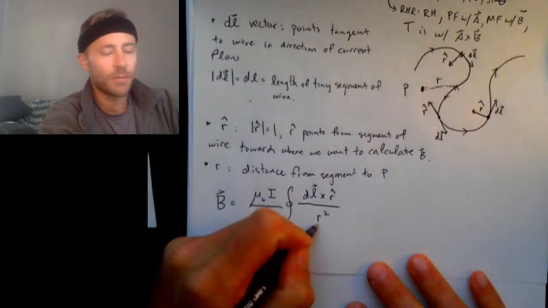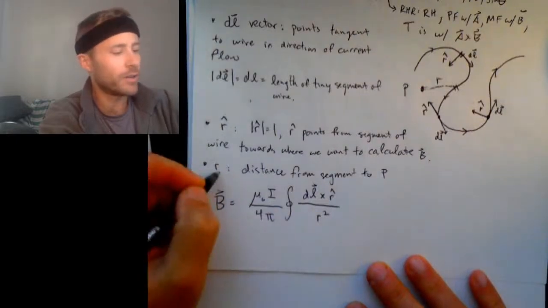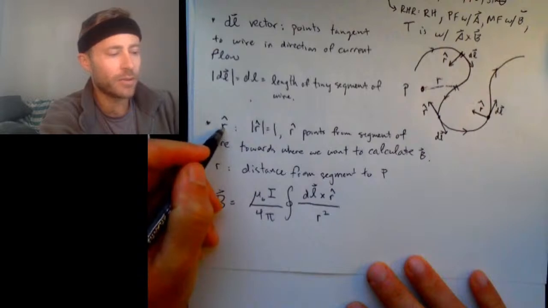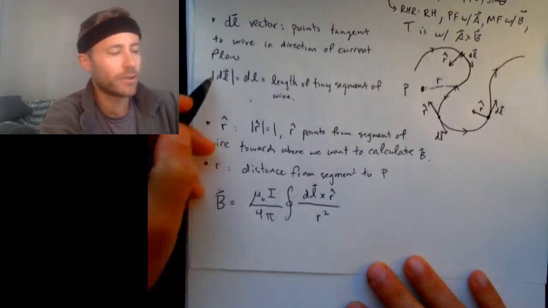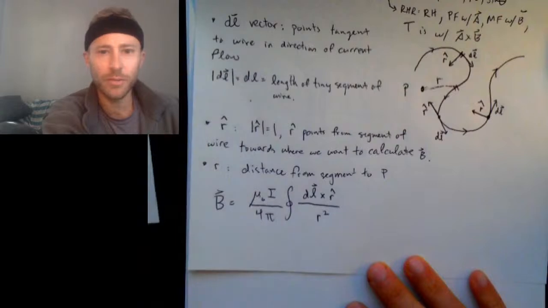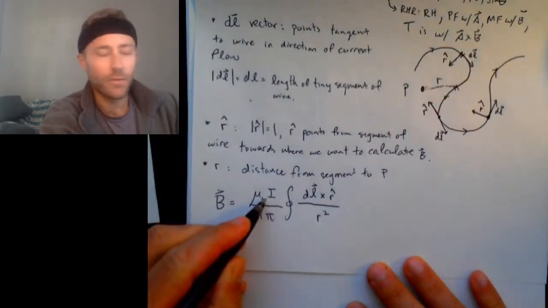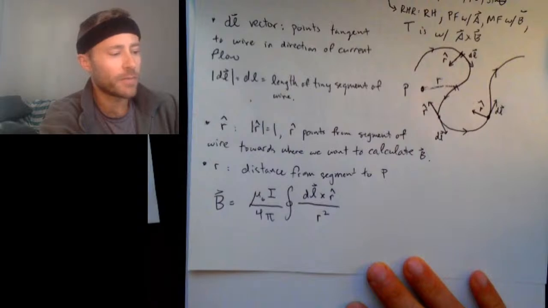So this r is the same r that appears right here. This r hat is the same r hat that appears right here. This dl vector is the same dl vector that appears right here. Okay. I is the variable for electric current.